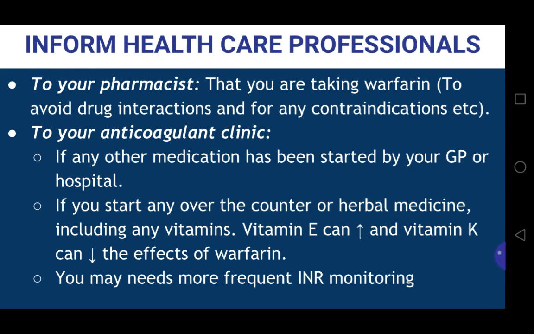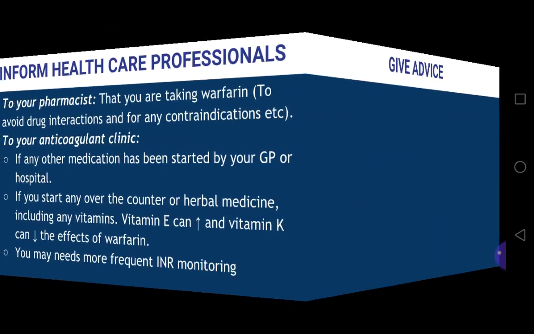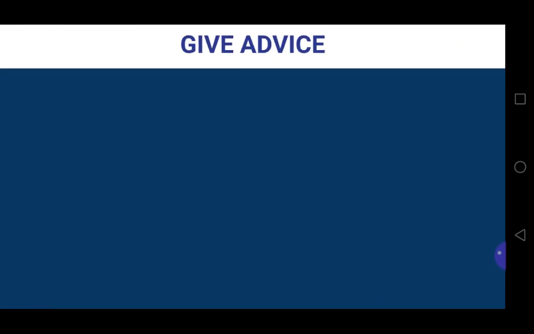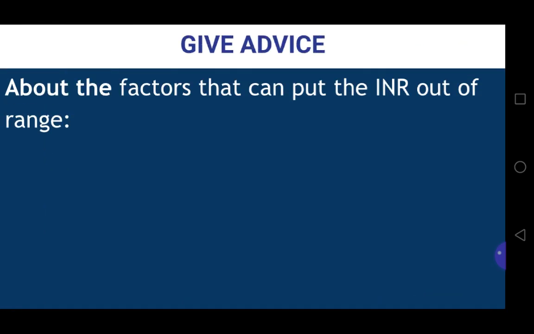Vitamin E can increase and vitamin K can decrease the effect of warfarin. Why is it important to inform your anticoagulant clinic? Because you may need more frequent INR monitoring. Next is to give advice about the factors that can put the international normalized ratio out of range.